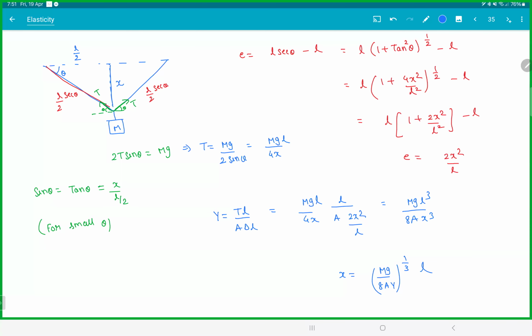Clear? Standard question. Any doubts on this?